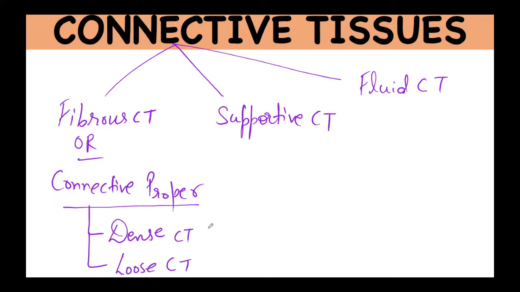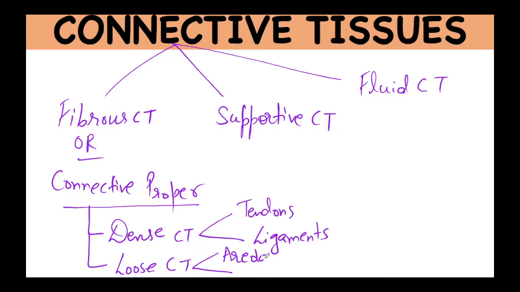Dense connective tissues are further divided into two parts: tendons and ligaments. Loose connective tissues are further divided into two parts: areolar and adipose. We will discuss all these types of connective tissues in more detail later, right?